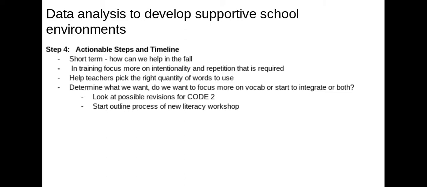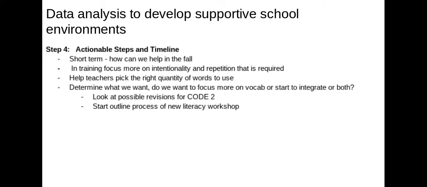A lot of teachers were showing that it was a one and done activity. We needed to focus more on being intentional with repetition, and like these kids should be interacting with these words 5, 6, 7 times before we're asking them to really use it in some sort of authentic setting. A lot of teachers focused on not knowing the right quantity of words, so we can help teachers figure out a good balance for them.